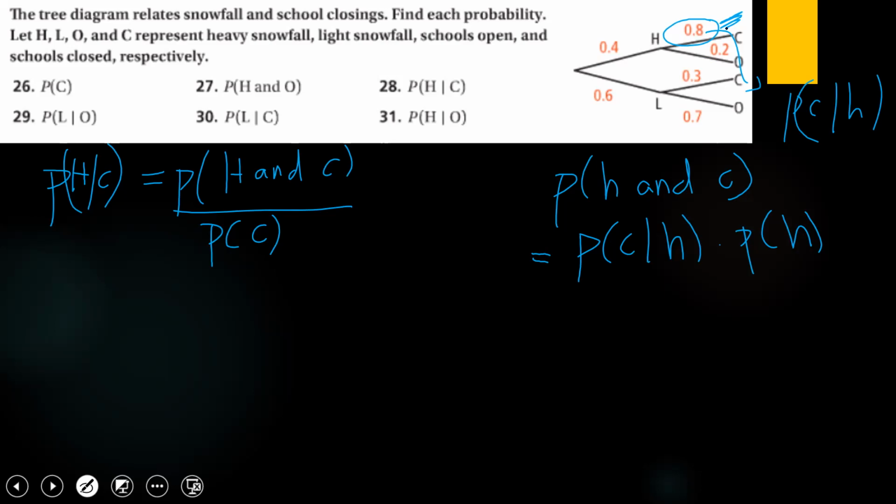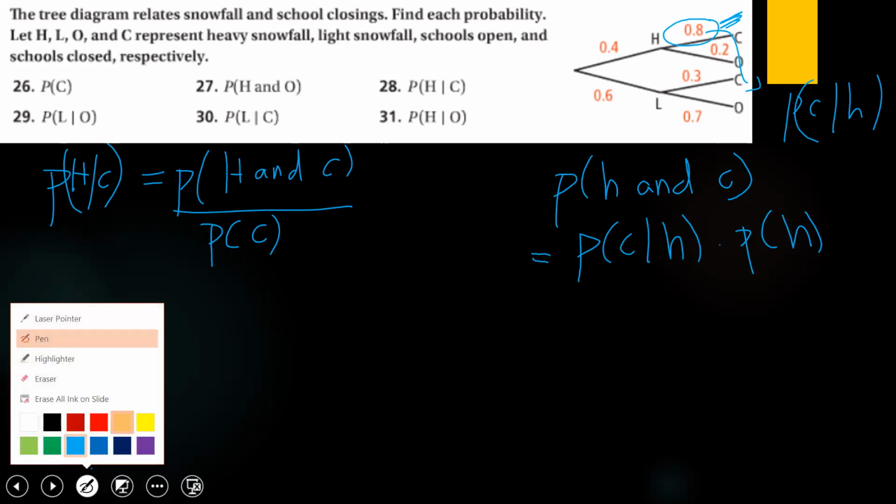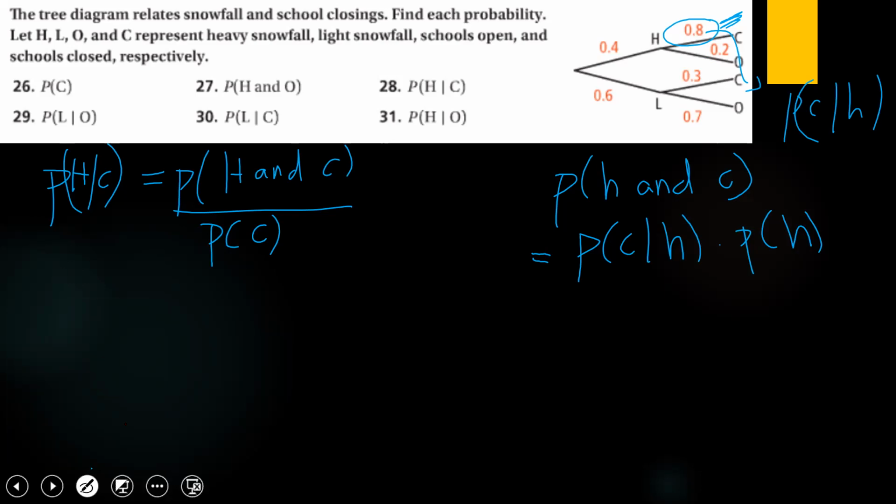That's okay. Probability of C, I know it, but I don't know H and C. To find H and C, I will use the given information that I have, which is the probability of C given H and the probability of H. If I multiply them, I can find the probability of H and C. So, C given H is 0.8 times, what is the probability of H?